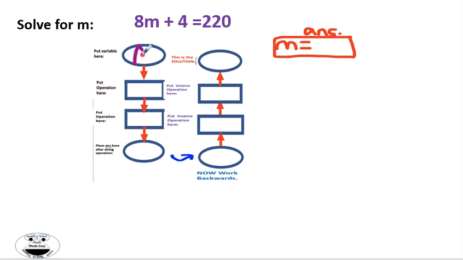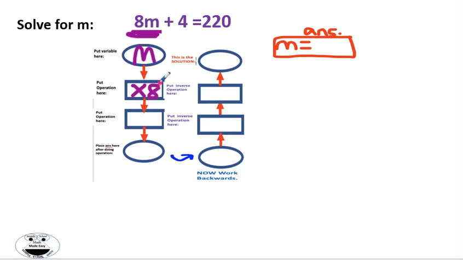We are going to start the same way we've done before. Put the variable m here, and here you have to be careful with the order. So first you're going to write down what is happening first to the variable. We see the variable is attached to the 8. If it's a number attached to the variable, or the coefficient, it means it's being multiplied by the coefficient, by 8.